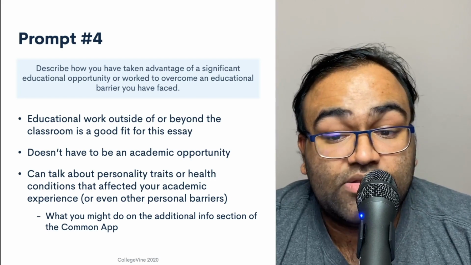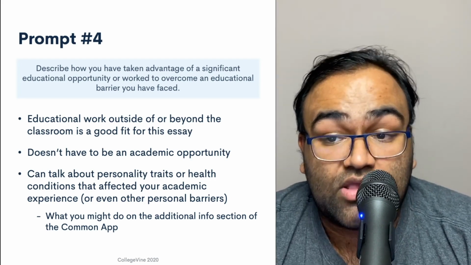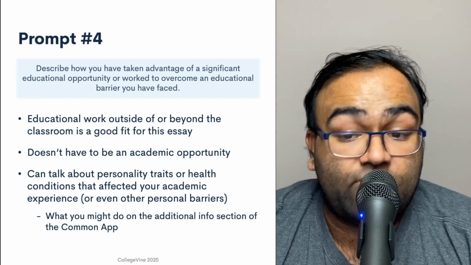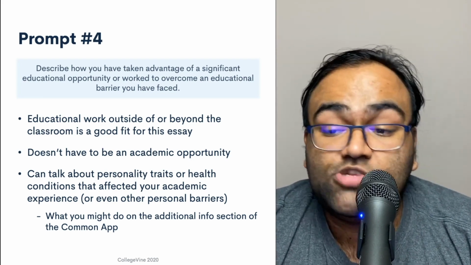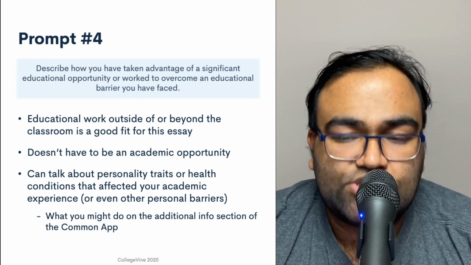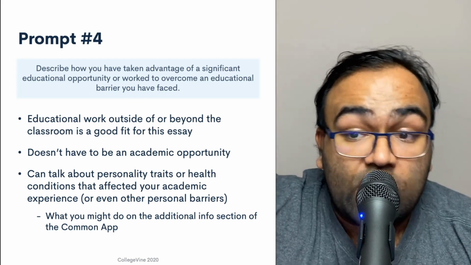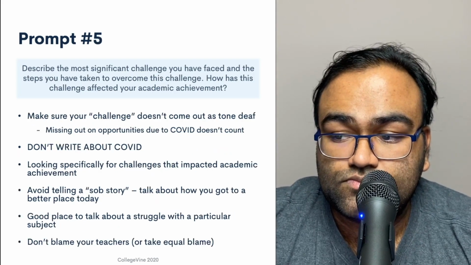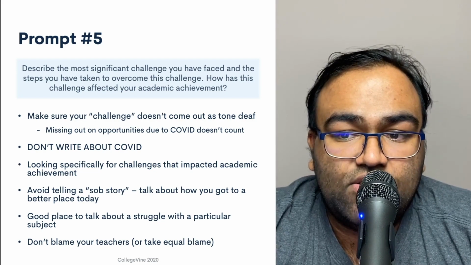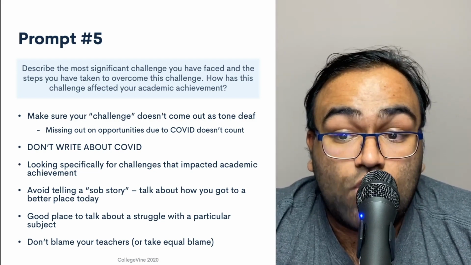Another thing you can talk about is personality traits or health conditions that affected your academic experience, both positively or negatively. A good rule of thumb for both prompt number 4 and prompt number 5 is to think about what you might write about in the additional info section of the Common App. There's not quite a great analogous section on the UC application, so you can write about it in some of these prompts. Prompt number 5 is: describe the most significant challenge you have faced and the steps you have taken to overcome this challenge.